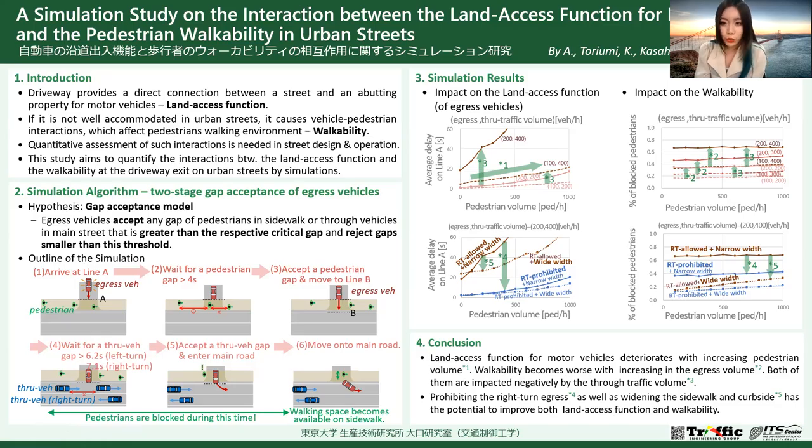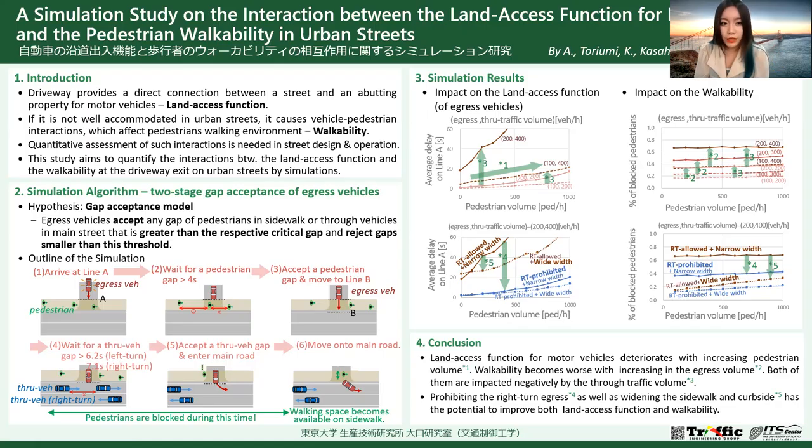To begin with, the drivers separate the gap acceptance model into two stages: the pedestrians and the through vehicles.